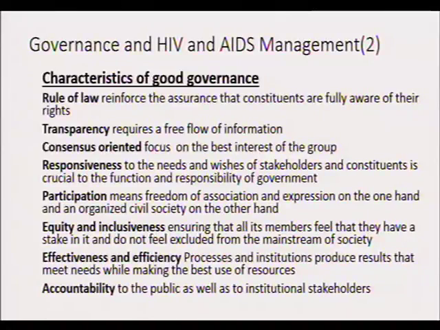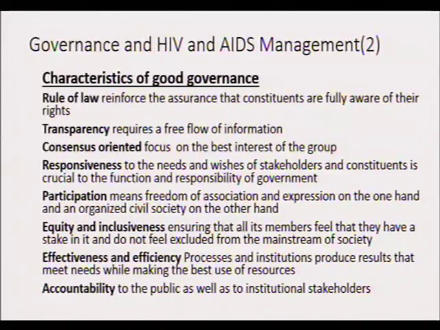The other characteristic is transparency, which means there needs to be a free flow of information. The organization needs to be open with its employees. Consensus: whatever decision needs to be made within the organization, consensus needs to be reached, which means everyone needs to agree on the decision that's been made.